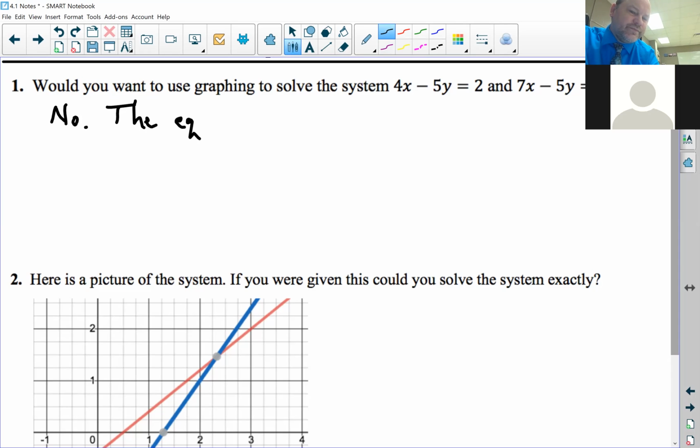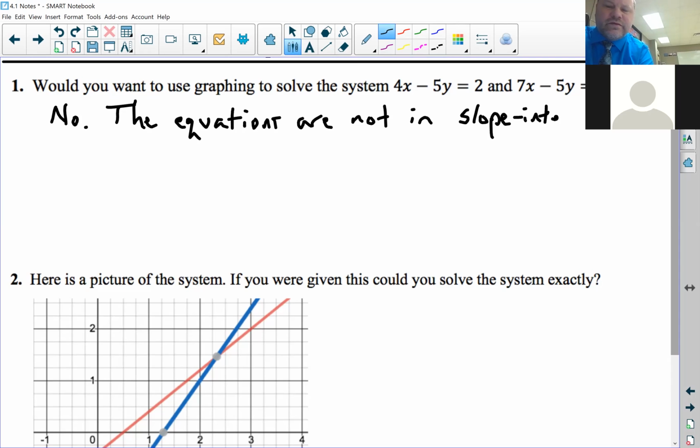One reason might be the equations are not in slope-intercept form. Now, that doesn't mean we couldn't use graphing to solve them.